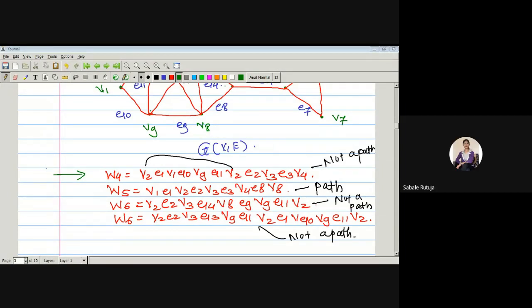No, sir. This one is not a cycle. What about W5? Its end vertices are not the same; we first want a closed walk, and as it is an open walk, it is not closed. So it is again not a cycle. What about W6?